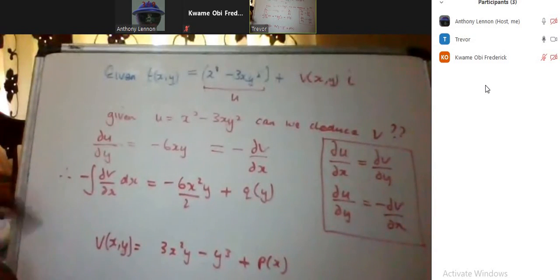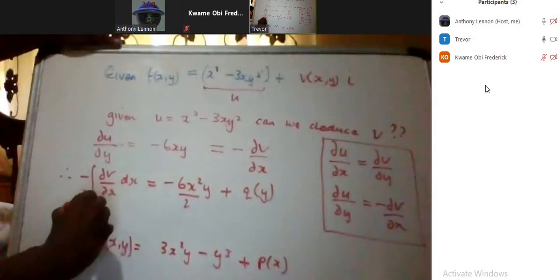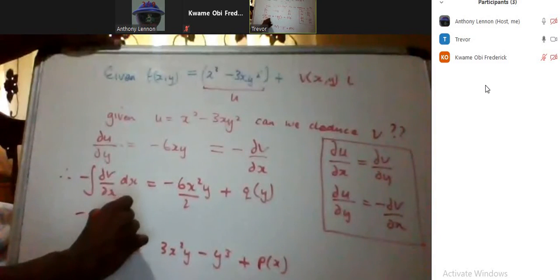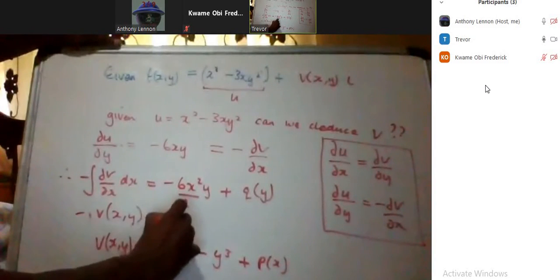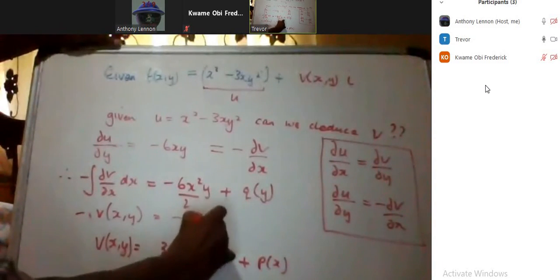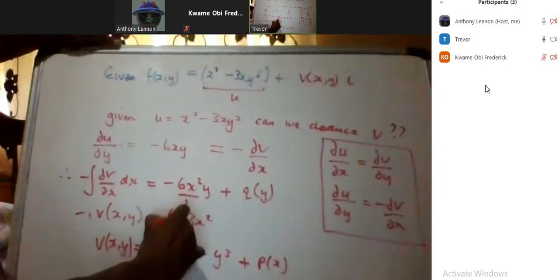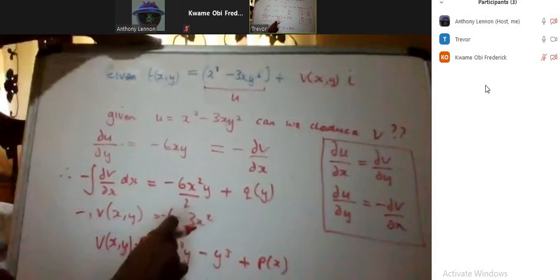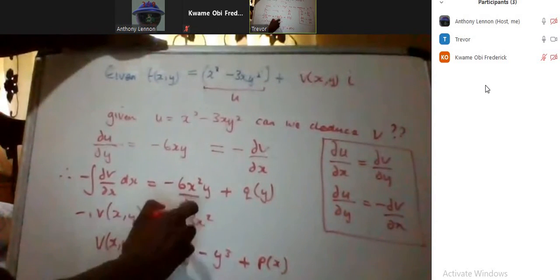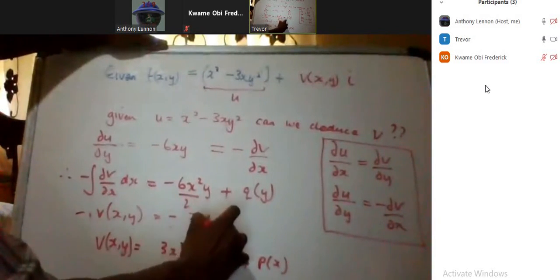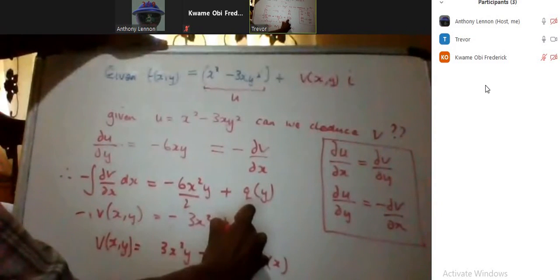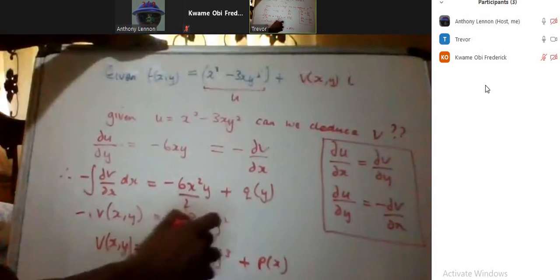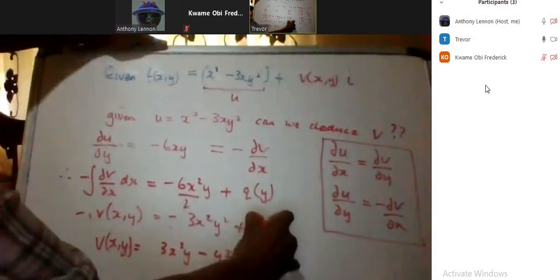And I'm going to cheekily put in, therefore, minus V of x, y is equal to minus 3x squared y plus Q of y.